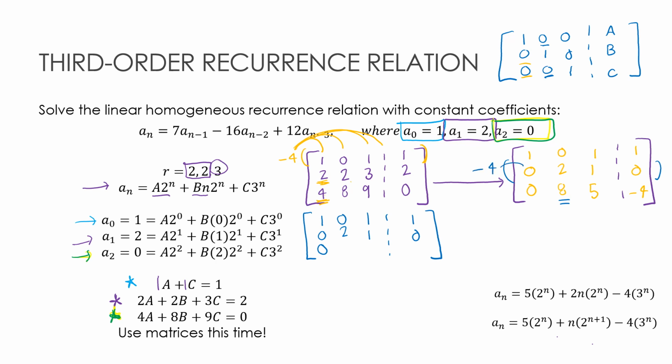Negative 4 times 0 is 0, plus 0 is 0. So good, I didn't mess up my first 0. We don't want to undo things that we've already done. Negative 4 times 2 is negative 8, plus 8 is 0. Negative 4 times 1 is negative 4, plus 5 is 1. And then negative 4 times 0 is 0, plus negative 4 is negative 4.